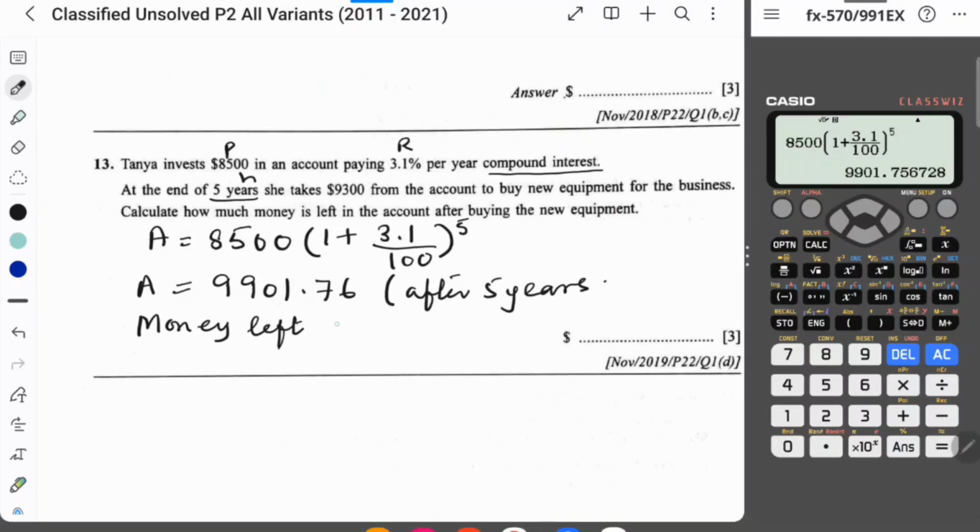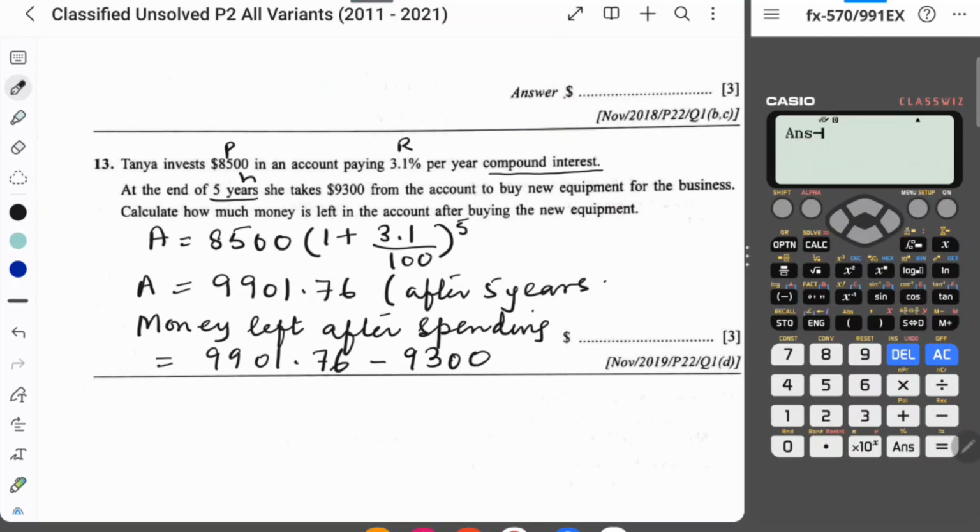Money left after spending is 9901.76, and she used $9,300. So that is minus 9,300. That is equal to 601.76. $601.76.